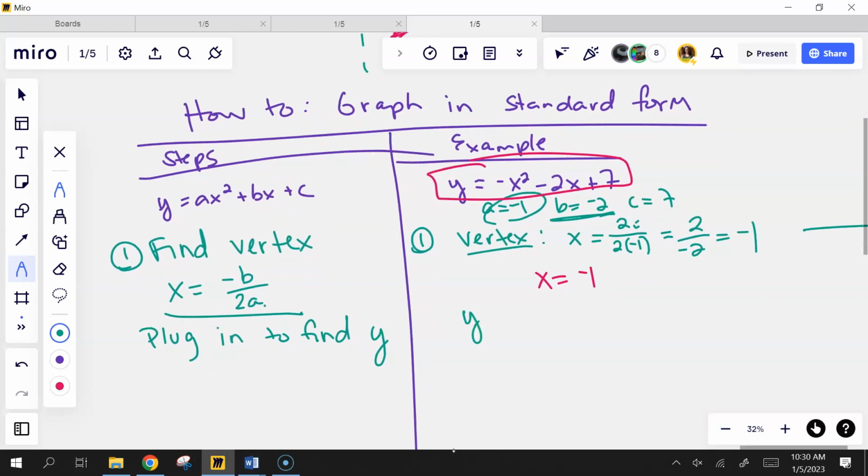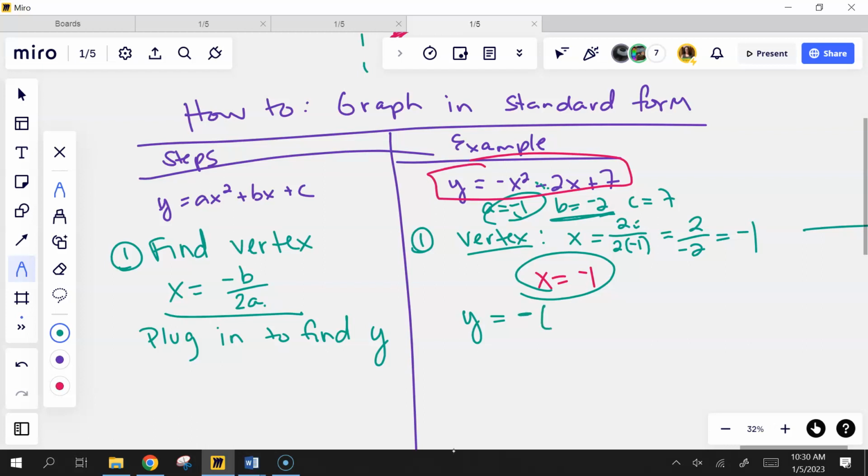Regardless, I go back to my original equation. You probably did it in a T-chart form back in 7th or 8th grade. But you're just plugging in this -1 value for every x in this equation. Okay, so I've got this negative out front, and be very careful because that negative sits out front of that x.